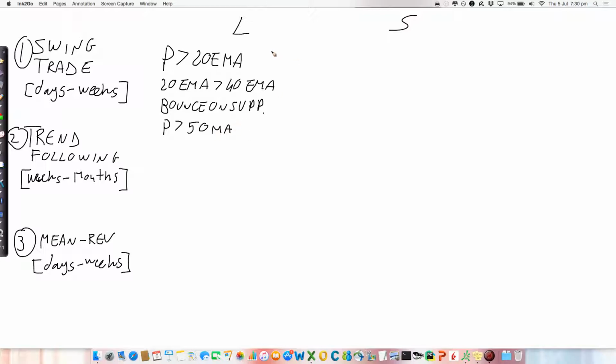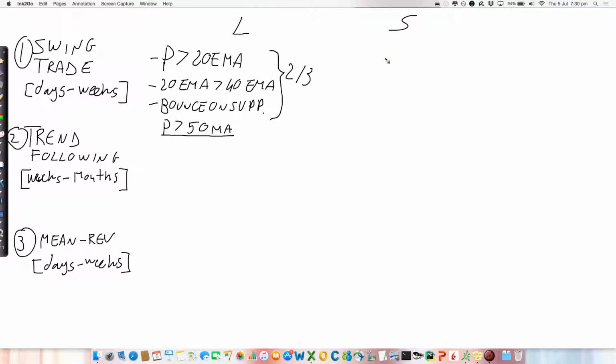And out of these three conditions, I want at least 2 out of 3 to be true. But this one must be true. Okay? So I want 2 out of these 3 to be true, and this one.